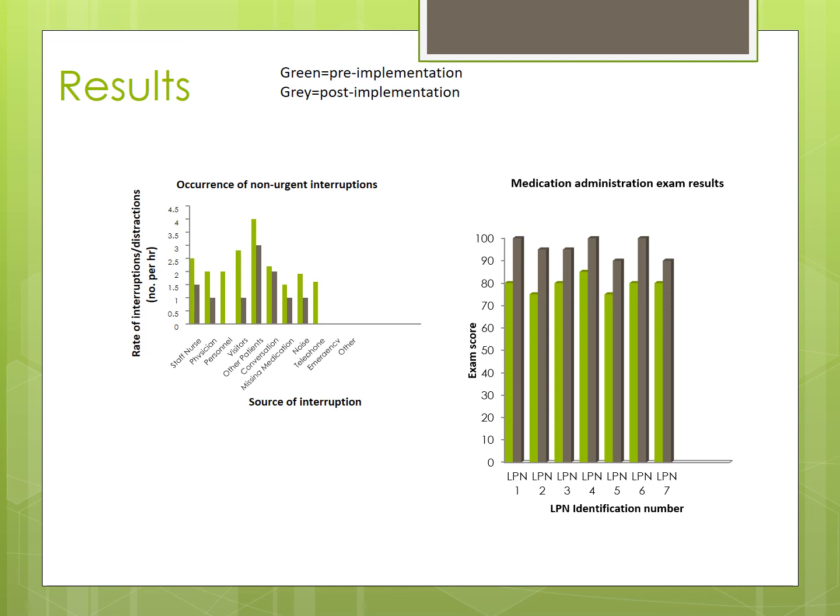The graph on the right shows the medication administration exam results, where pre-implementation is in green and the nurses' median was 79%, and post-implementation, shaded in gray, the nurses' median was 96%.